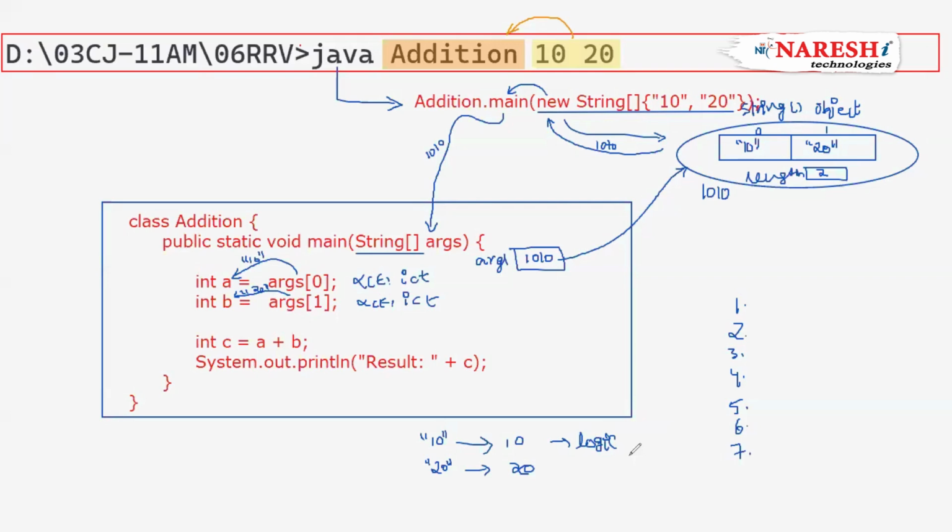Are you following? If we do the conversion from string to another type, then we call it what? Parsing. 10.5 to 10 to 10.5 is called what? Typecasting. Type conversion is different and parsing is different.